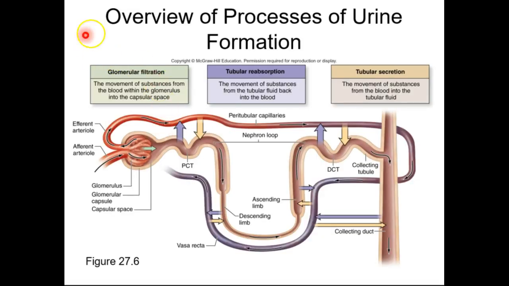All right, let's start with an overview, and then we're going to hit this point by point by point by point. And I promise we're going to go over this 5 times in many, many different ways. This is the nephron. This is our unit of filtration and concentration and production of urine. That's going to happen across this.